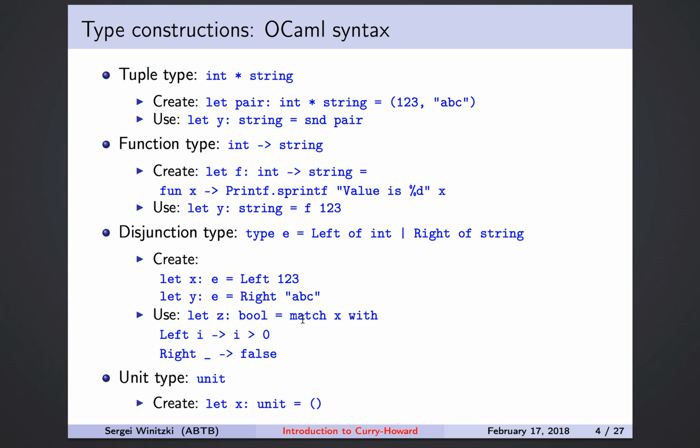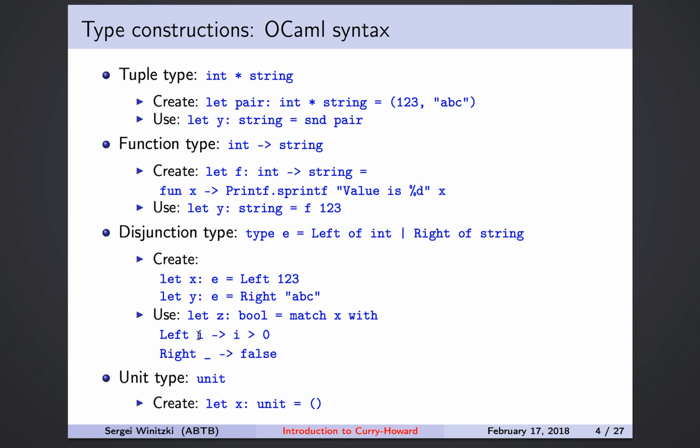Once you have a value of disjunction type, you can analyze it by using a match expression. In OCaml syntax it looks like this, very similar to the Scala, except for slightly fewer parentheses and fewer keywords. Other than that, very similar. You have a left case and the right case, and these are functions.